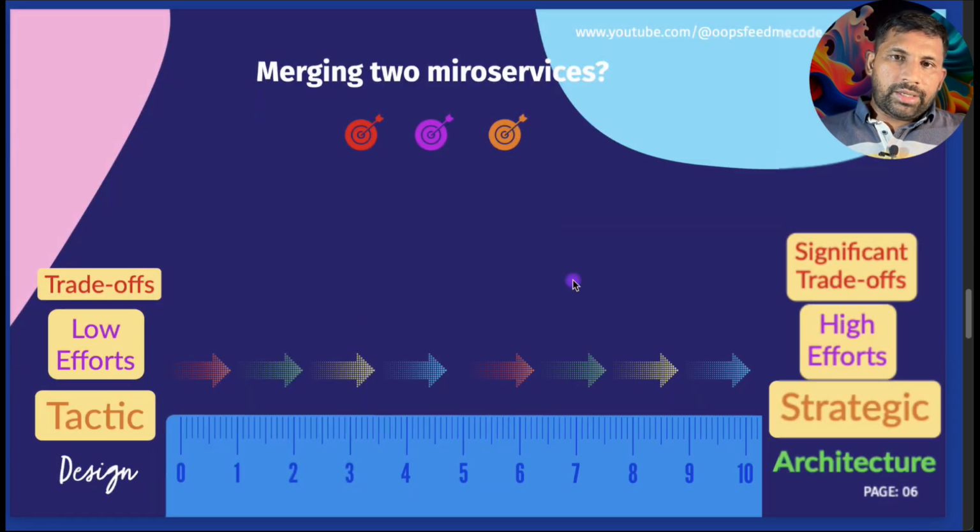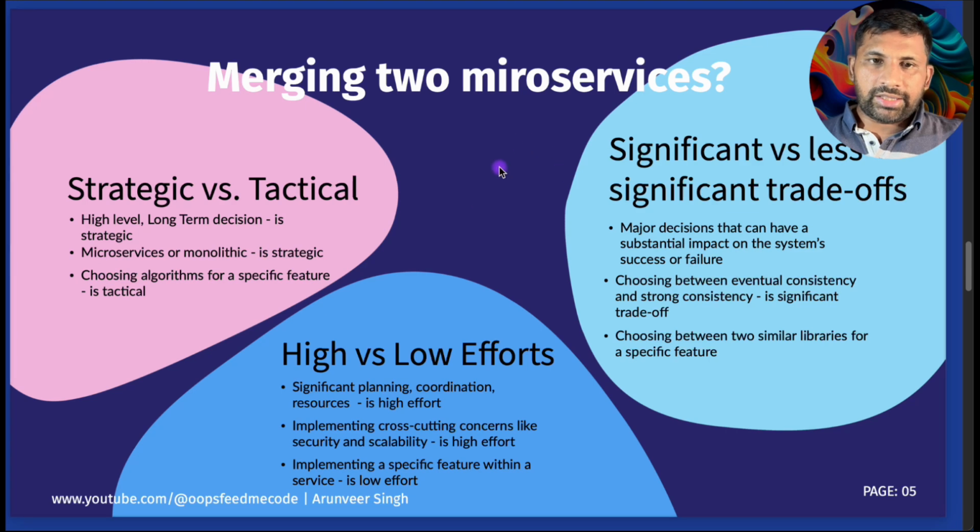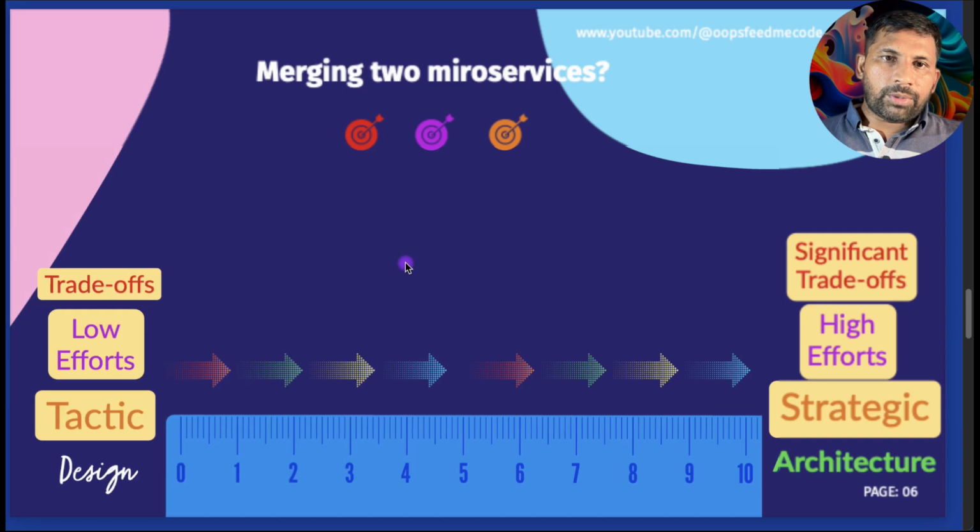So is there any way to measure exactly which category an item is in? This is a scale, and these are the characteristics, the three things we talked about. Now what we can do is think about those three things and try to give some marks.